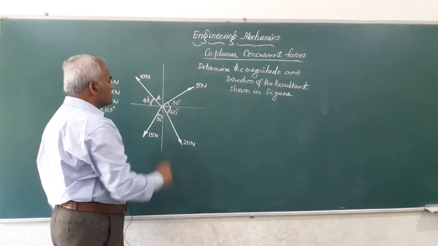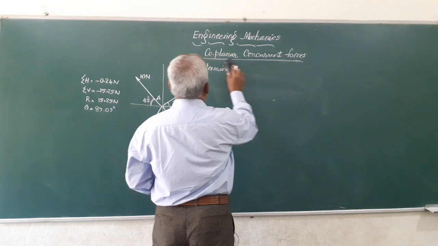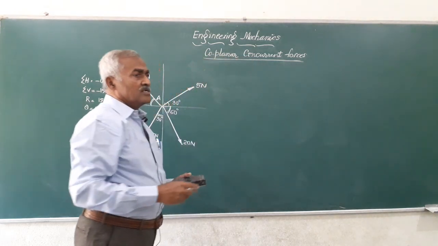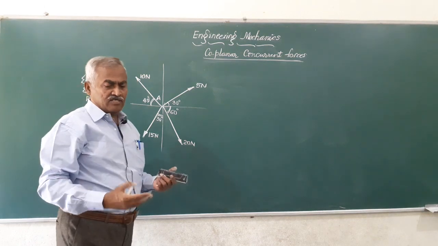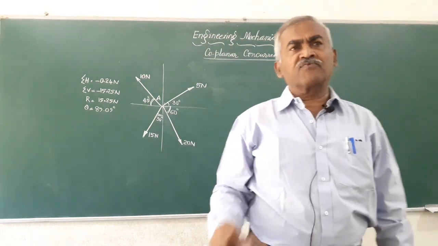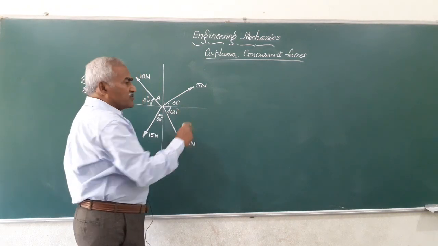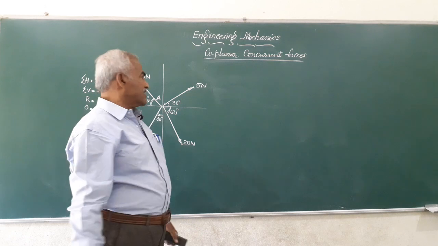So, first of all we should see how the forces are. If you have got a force in a vertical direction or in a horizontal direction, you need not resolve that. What is the meaning of resolution of a force? Resolution of a force is to split the given force into two components in two mutually perpendicular directions.